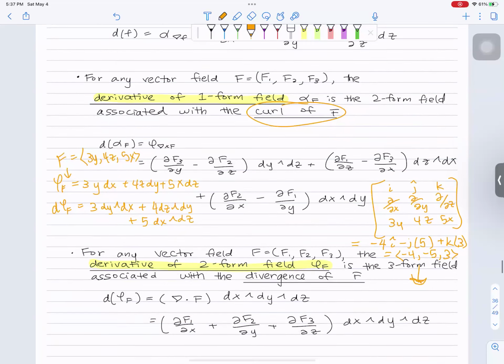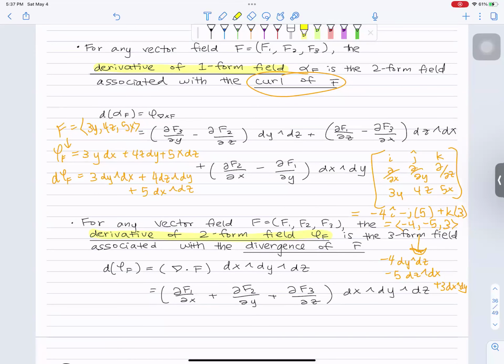And remember what the two form notation is? The first term is always the yz one. The second is zx. And the third is xy. So look, do I have the same thing? 4 dz dy. Yes. Oh, I missed a negative sign here.